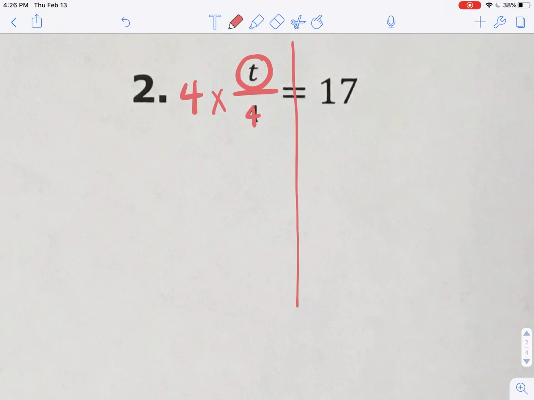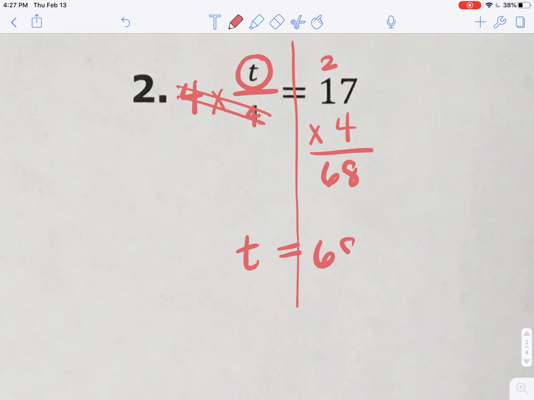Multiply by 4. So that goes away. And what we do to one side of the equation, we have to do to the other side of the equation. So I just have t here. T equals 7 times 4 is 28. 4 times 1 is 4 plus 2 is 6. So t equals 68.